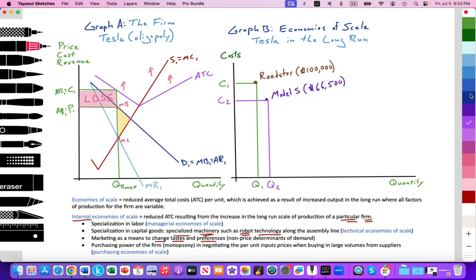Then over time they continue to invest and they're able to produce, let's say, the Model X, slightly cheaper. And that was priced about $64,000. It's an SUV type. That was $64,000.